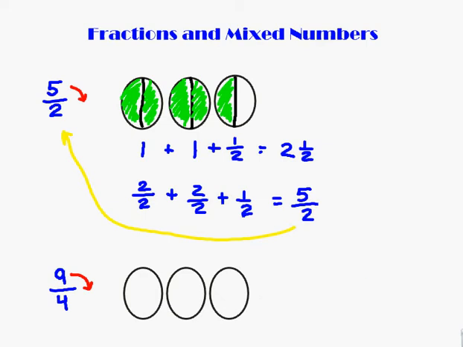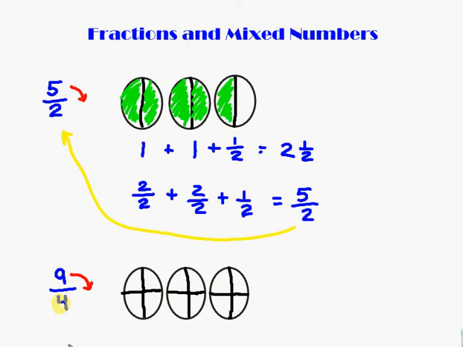Now, because this denominator is a 4, we want to make sure that these circles are all divided into 4 equal parts. We might not know exactly how many we need. We can try it out though. Okay. Let's start shading in the parts.